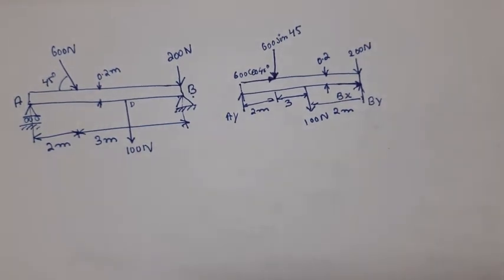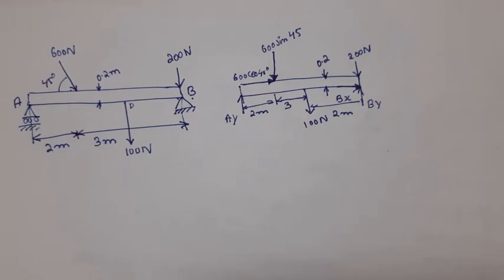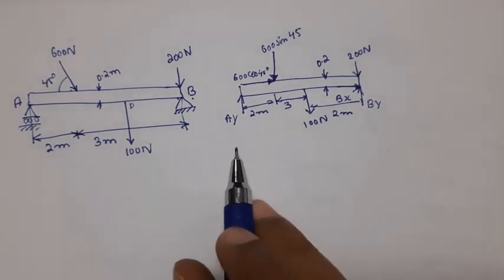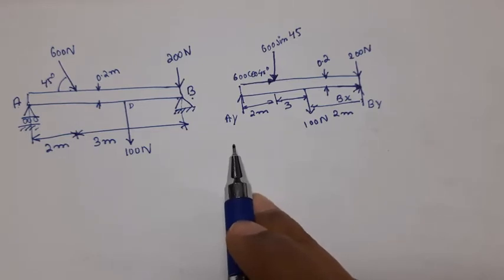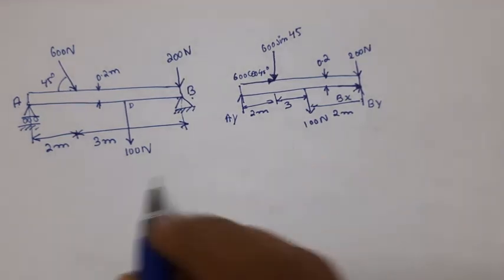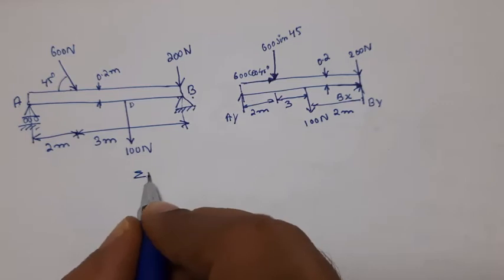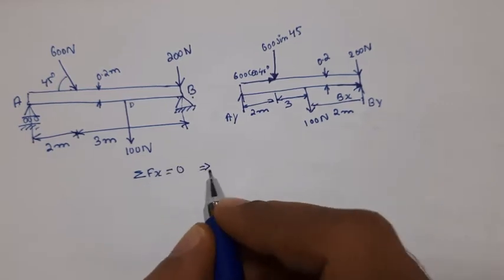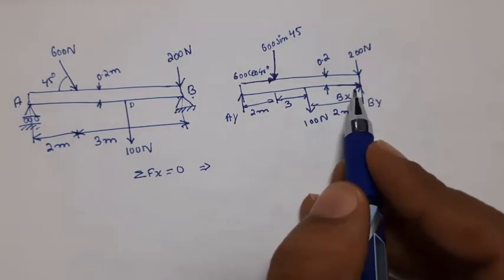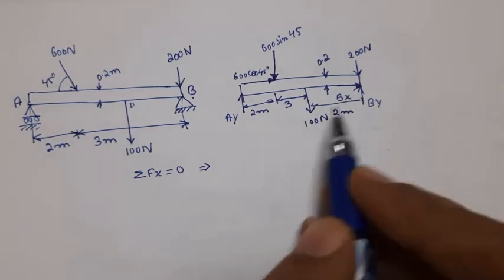To find the moment and the reaction forces, the first thing we need to check is whether the problem is in equilibrium, by applying the conditions of equilibrium. First one: sigma Fx should be equal to 0. If we apply this, you get Bx, which is in the right side direction.